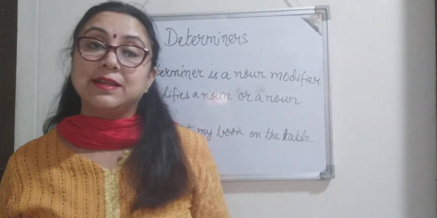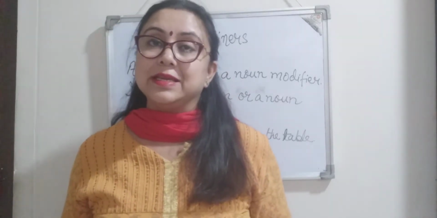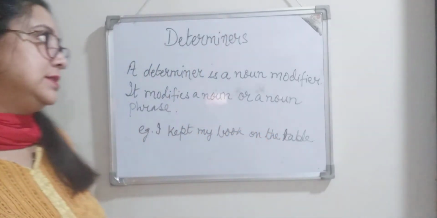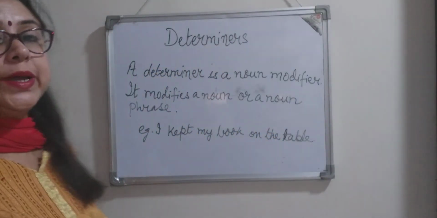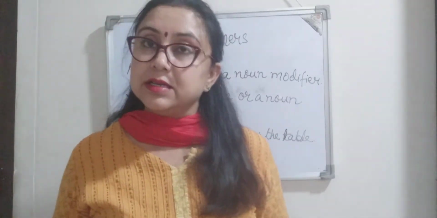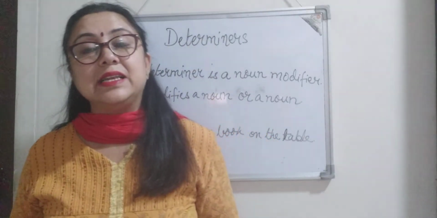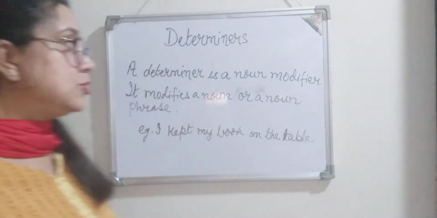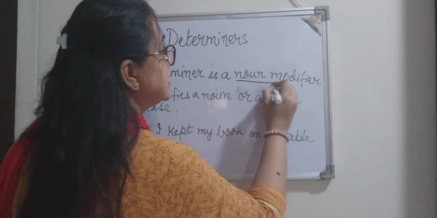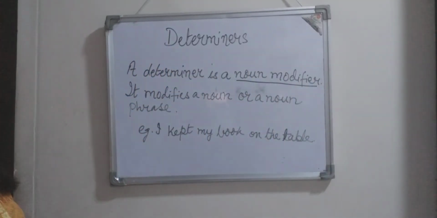So in today's class, we will be discussing an important topic of grammar, that is determiners. Before we talk about determiners in detail, let us first understand what exactly determiners are. So children, a determiner is basically a noun modifier.